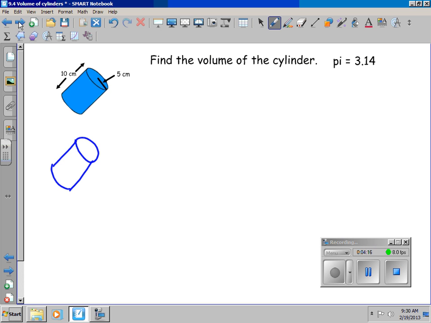Oh, the radius is half the distance. Yes. But how do we get the volume of a cylinder? Pi r squared times h. Good. All right. So pi, I tell you to use 3.14. Radius, Mason says, half the distance across the circle. In this picture, what's the radius of this cylinder?